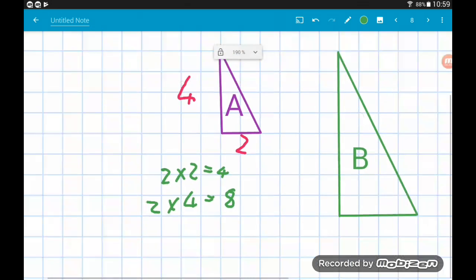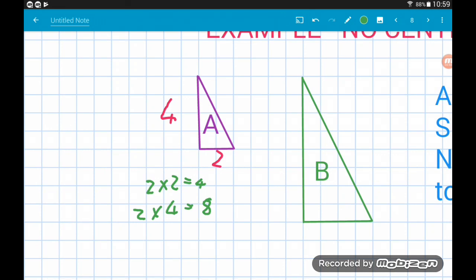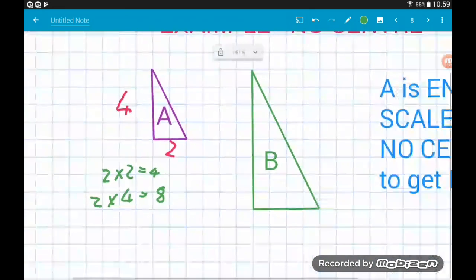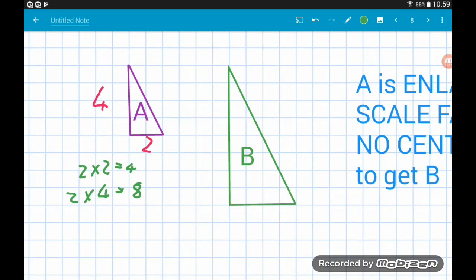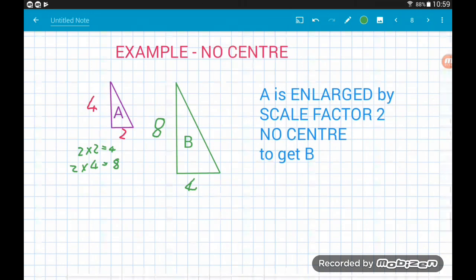Now we don't need to worry about the diagonal length, that will take care of itself once we enlarge the other 2 lengths. So here is shape B. So as we said, he's got a height of 8 and a base of 4. So what we've done, again, we've enlarged triangle A with a scale factor of 2 with no centre of enlargement, and that has given us triangle B. So triangle B could be anywhere on this page that we want it to be.